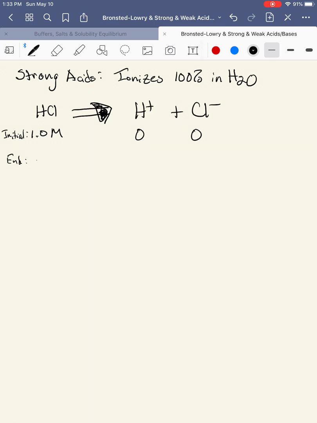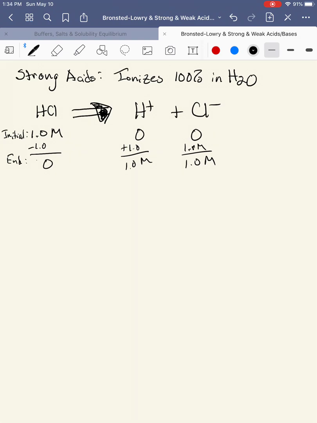So we would lose 1.0 and we would end up with 0. And we would gain 1.0 of this because it's a 1-to-1 ratio, and we would end up with 1 of this and 1 of that, the Cl minus. So 100% of it ionizes.